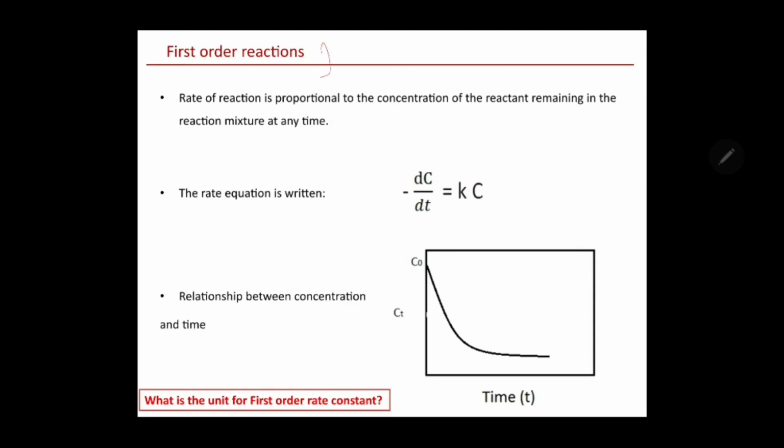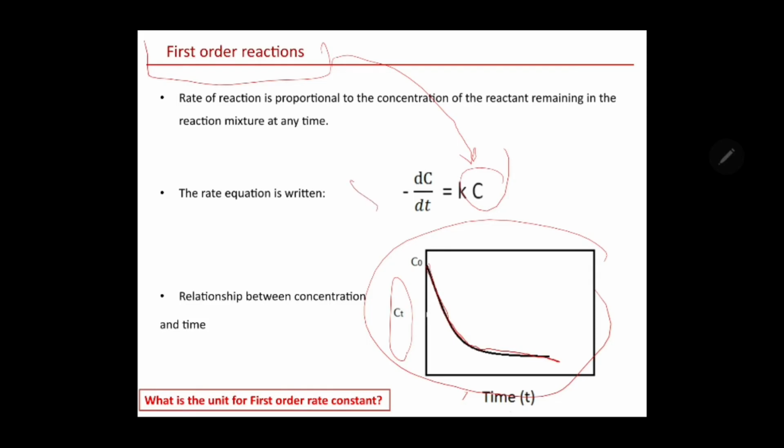First order reactions. In these reactions, the rate of the reaction depends on the concentration of the reacting species. As you see in this diagram, we have time and we have concentration of the reactants. With time, the concentration of the reactants will decrease, but as you see, we have a curve here, which means the rate has decreased with time.